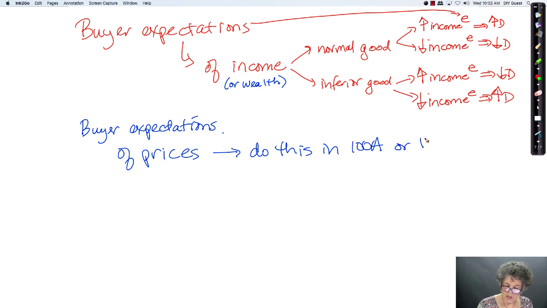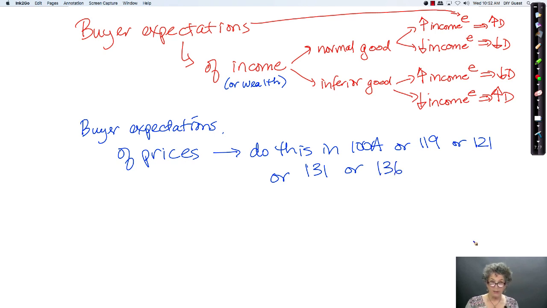Or maybe the psych and econ class, or maybe industrial organization, or maybe public finance, or maybe Finance 136. So buyer expectations of prices are also going to impact what people do. It's just not an example I'm going to use at all in Econ 1, so let me just postpone that, let you cover that in another course.